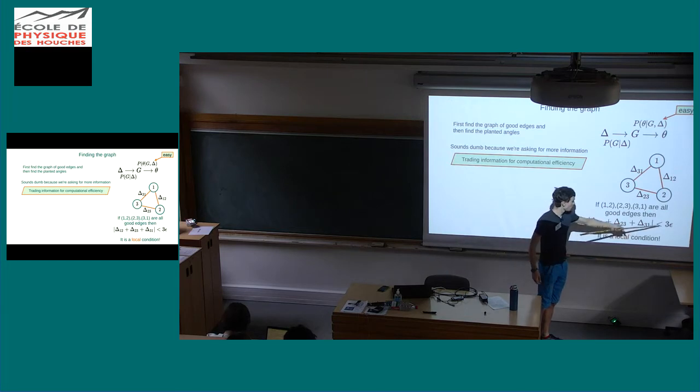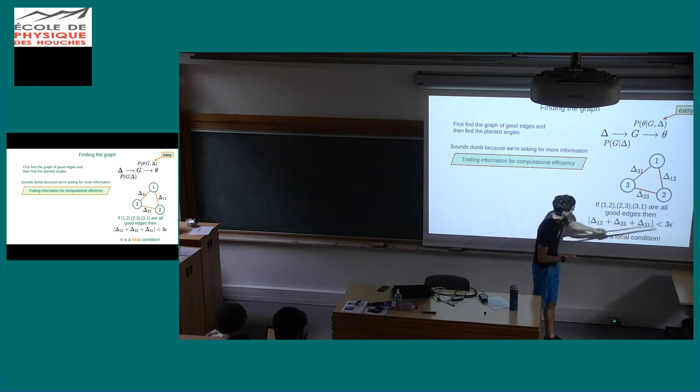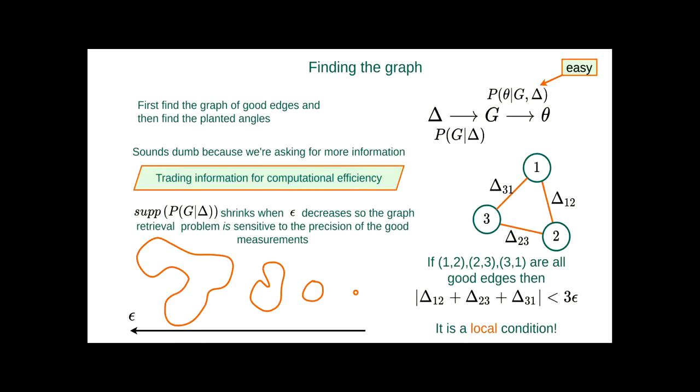And this is the inequality. It's important that this is a local condition, so we can use it to build the graph looking only at few vertices. We don't need to infer it all together. Using this kind of conditions, one can understand which edges are good and which are bad.